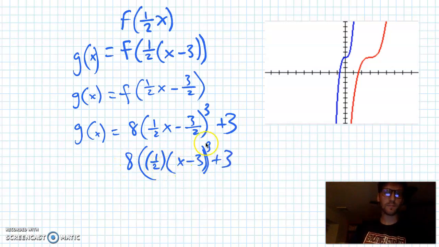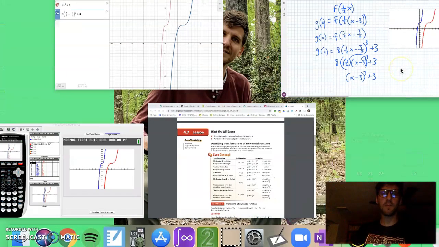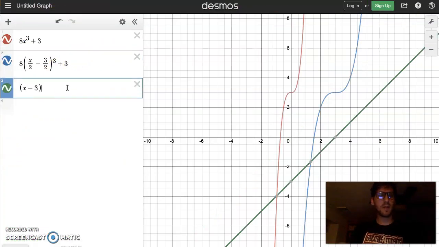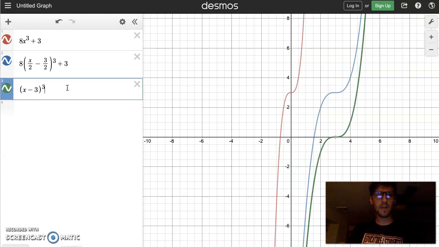Well, check it out. Put both those to the third power, that's 1/8. 1/8 times 8 is just 1, so we could actually just write this as x minus 3 cubed plus 3, and you'll see that that's actually exactly the same if I graph it. This whole funky business would actually probably look better if I did it this way. See, they're just right on top of each other. But I gotta write to the textbook, we caught an error.